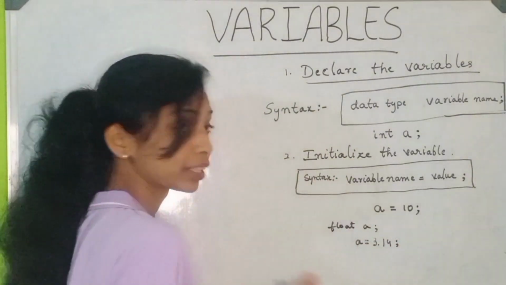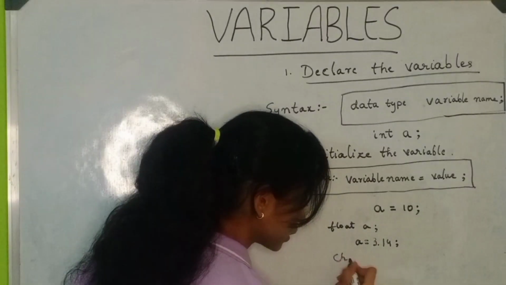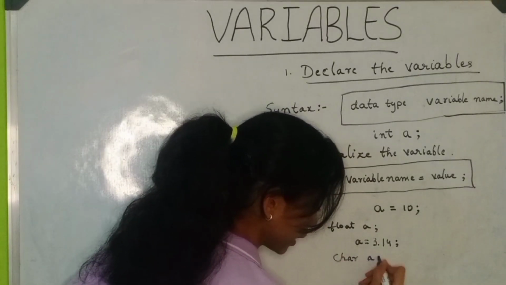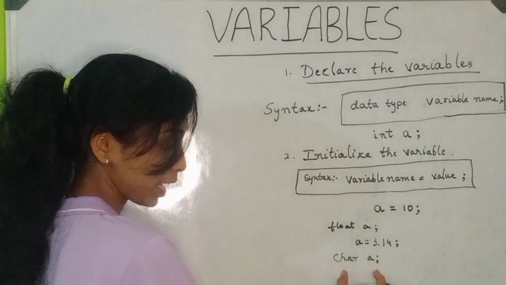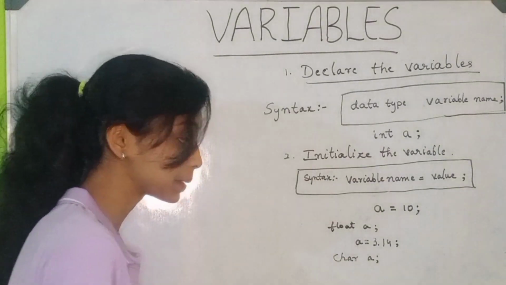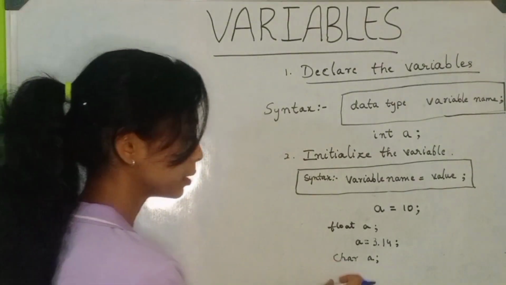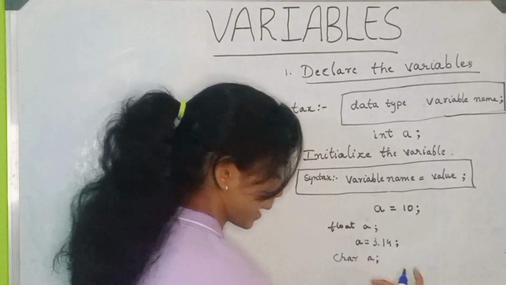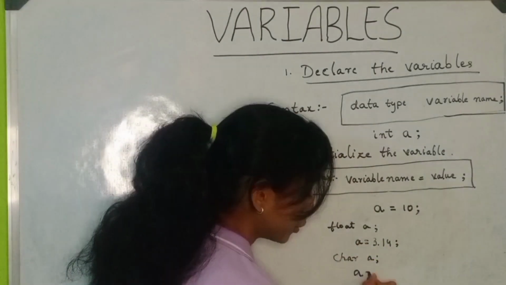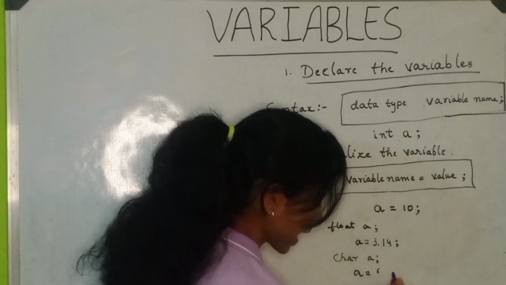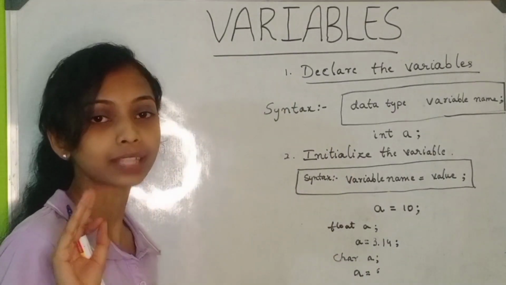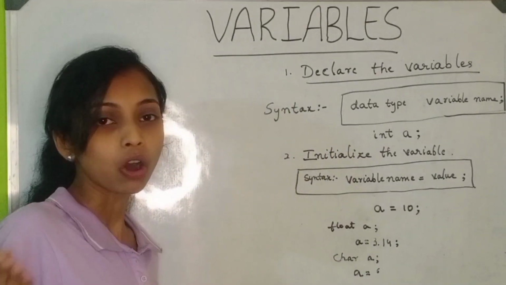And when it comes to the character data type, we can use char, character a, where it is declared. And now it's time for us to initialize some characters to the declared variable a. So a is equal to a character. The character data type will only store characters, not any numbers or integers and all.